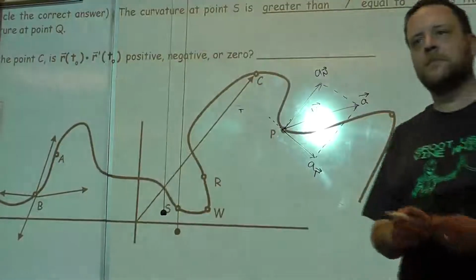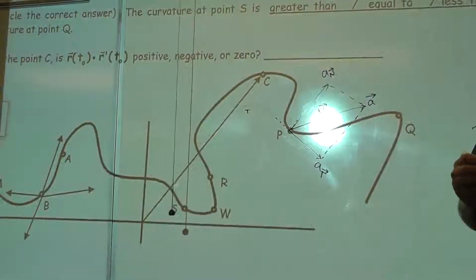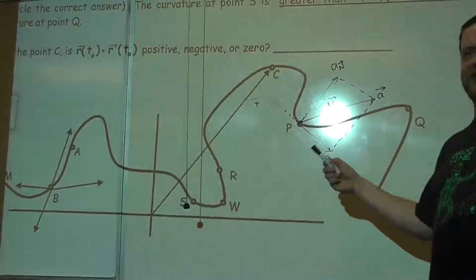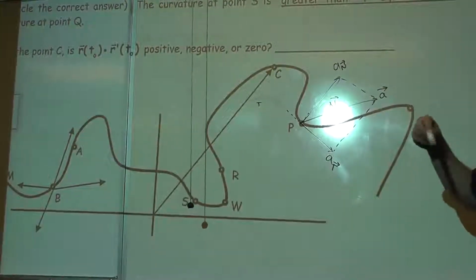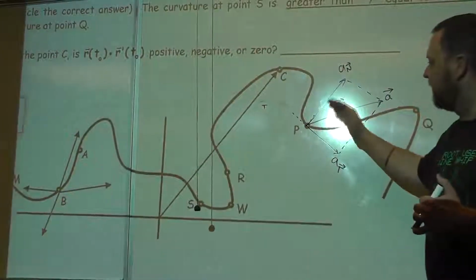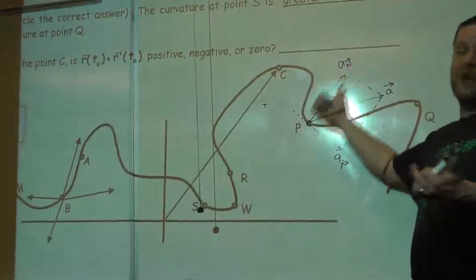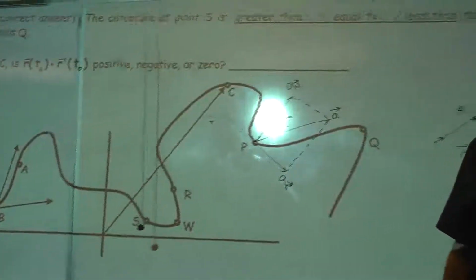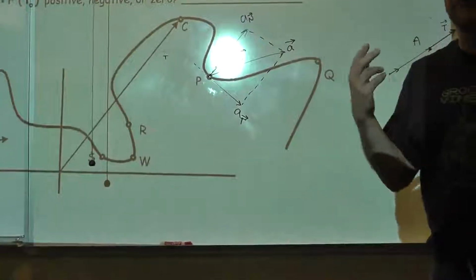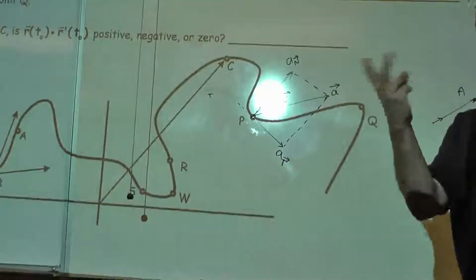Yes, sir. The normal vector can never be negative, correct? Then I don't believe it can, because I was thinking about that. Your tangent can, because you can be slowing down speed-wise, and a sub t ties in with the velocity, but your normal component should always be pointing into the direction of the curvature, because acceleration is a vector quantity. Vectors are influenced by magnitude and direction.